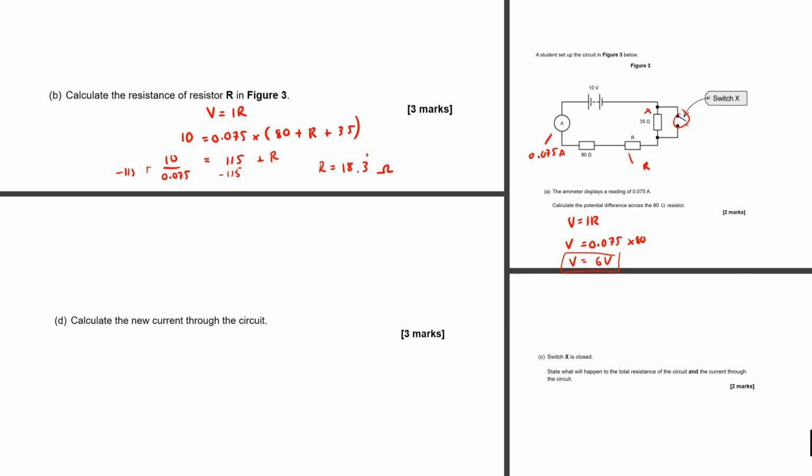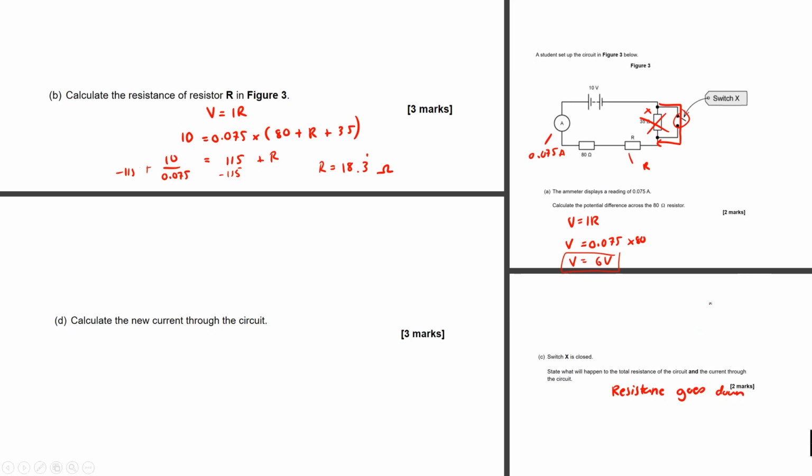It's kind of strange, but if a path is difficult, the current will take the easier path. So the current will flow through here. This resistor is not being used anymore, it's not applicable to the circuit anymore. So we're going to say the resistance goes down. Okay, that's number one.